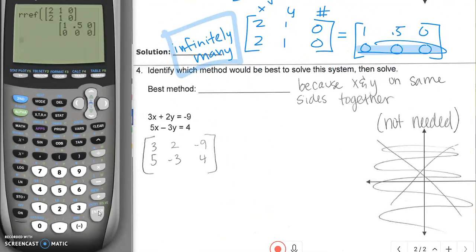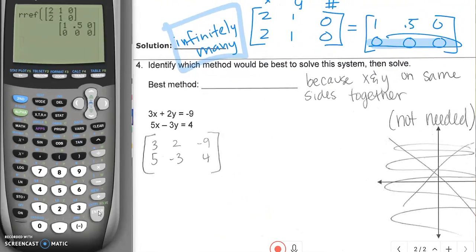Okay, last one. Here for this one. If I've got two equations in standard form, what's my easy way to do it? Matrices. So I want to use the matrix, because that's going to help me since they're both in standard form.